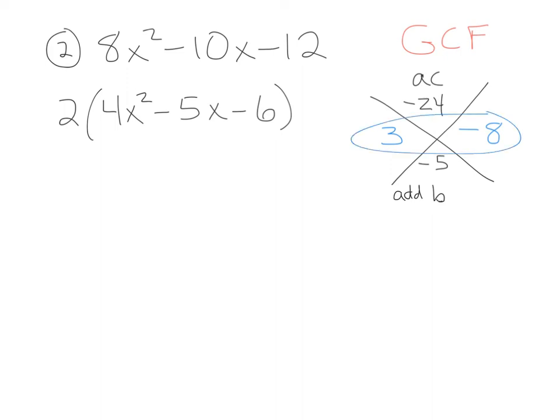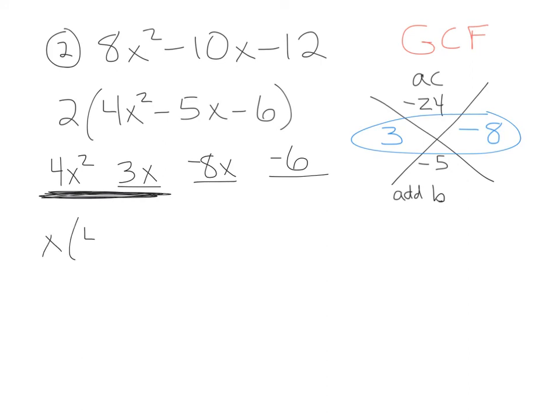Now, because there's a leading coefficient other than 1, we can't just use these right away in our final answer. We have to go with the four blanks. So 4x squared goes first, negative 6, 3x, negative 8x. In the first pair, look for a GCF. The GCF is going to be x. You're left with 4x plus 3.